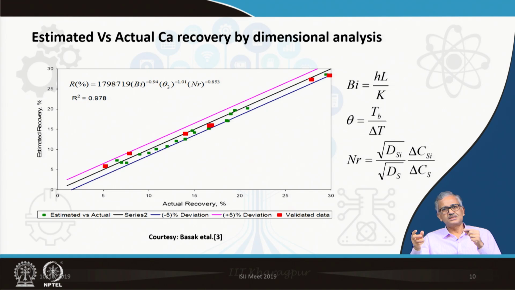If the bath silicon is less than that in the calcium silicide, obviously, as the weight percent of silicon is much higher, silicon will try to move from the powder to the liquid bath. At the same time, sulfur also will try to move from the bath to the powder surface. Okay. And if you consider that mass transfer across the concentration boundary layer around the powder is the rate limiting step, then we can define the relative rate of silicon to sulfur transfer.